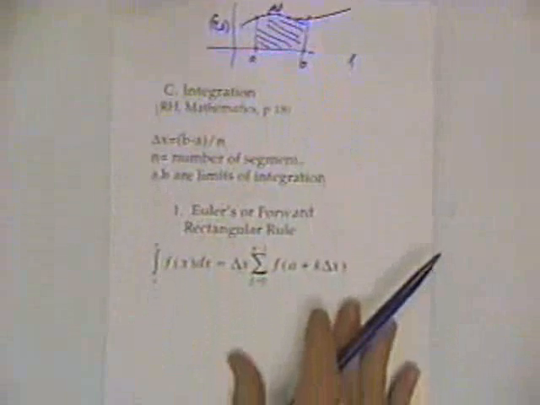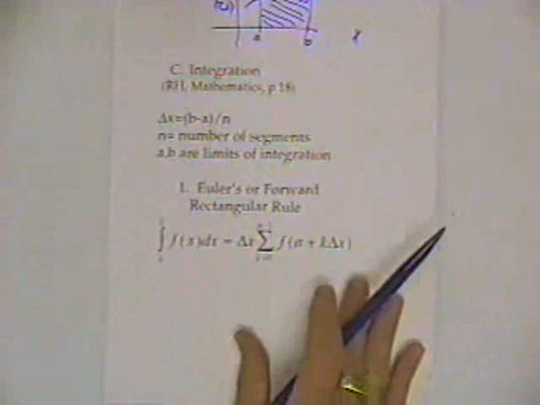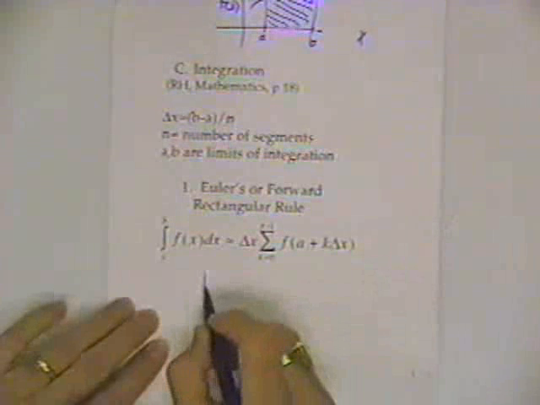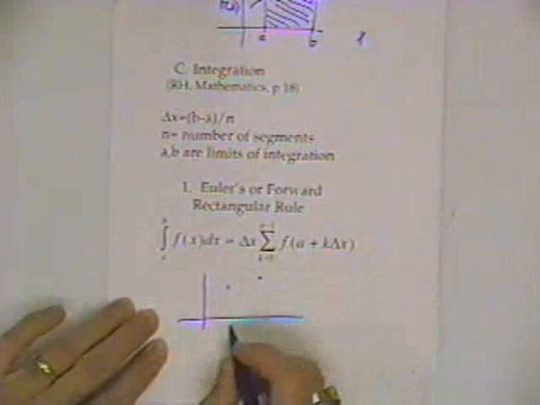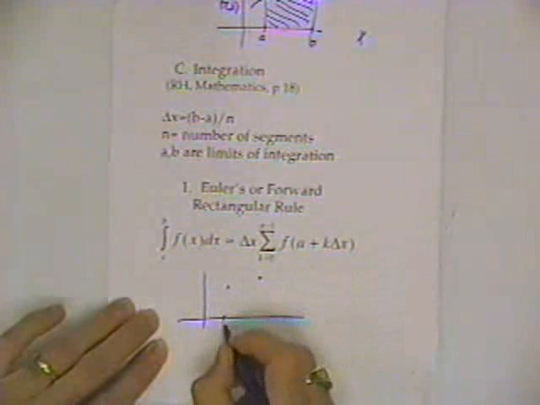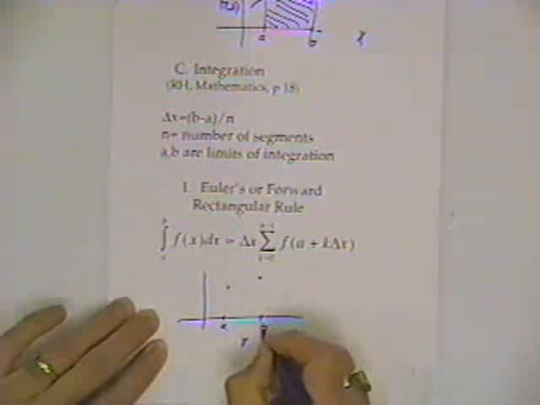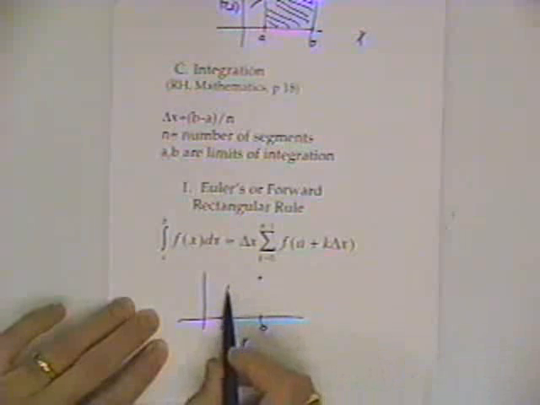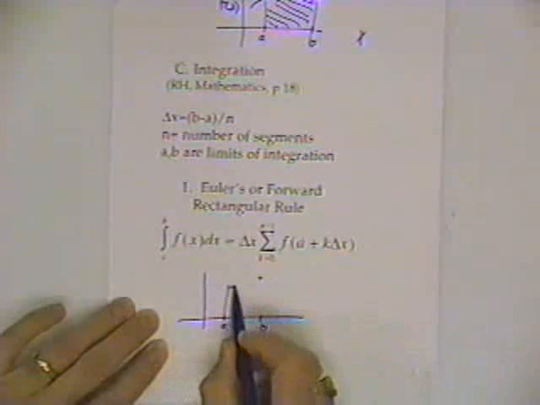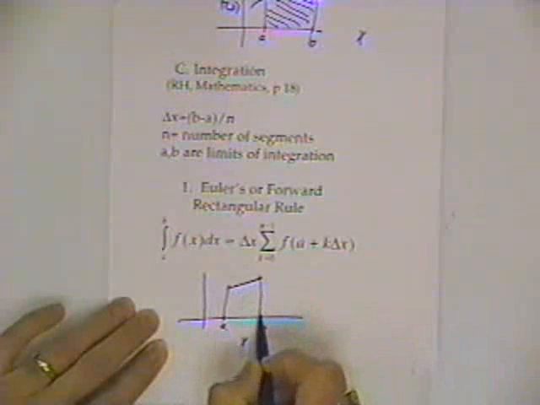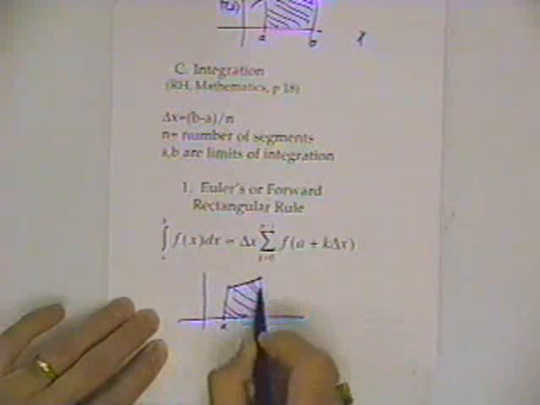All right. The simplest formula that you can use for numerical integration is called Euler's formula, or it's also called the forward rectangular rule. And simply what it does is if you have 2 values of a function, say at x equal A and x equal B, it estimates the area under the curve by, in effect, calculating the area of that trapezoid.